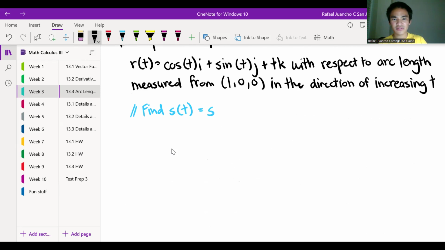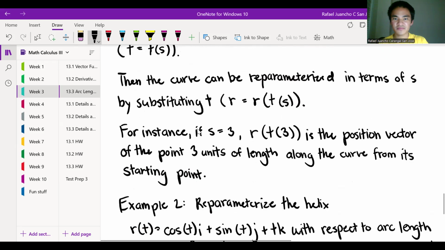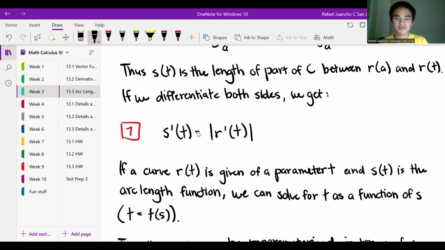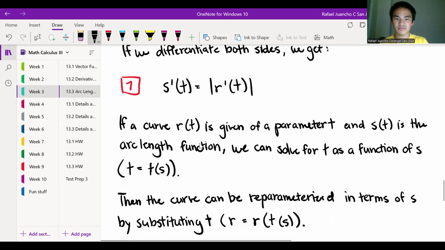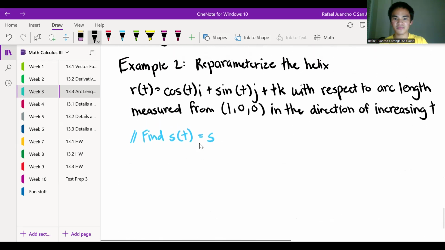How do we do that? We have this formula where the derivative of s is exactly the length of r prime of t.